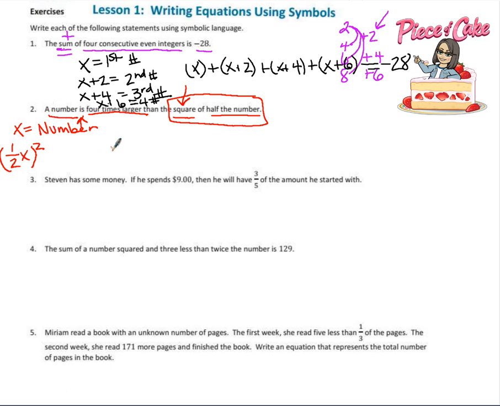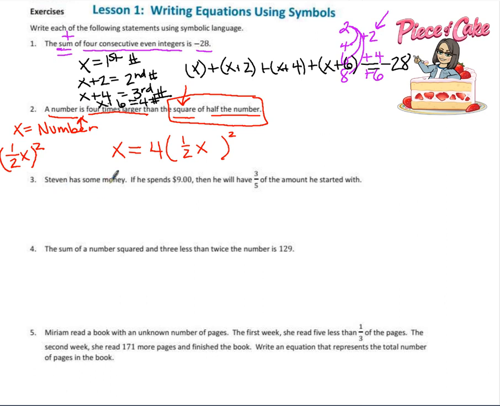So here we go. There's our number is, and it's 4 times larger, 4 times whatever we just got. And we just said it was half of x squared. So we're going to have to square this, multiply it by 4, and that's what our number is. It's a lot more difficult than we've been doing, right? All right, let's look at number 3.